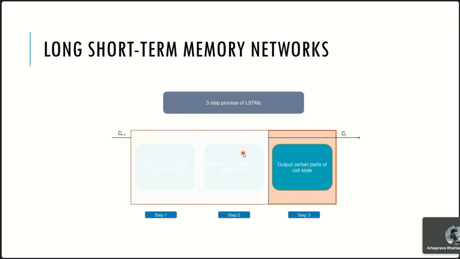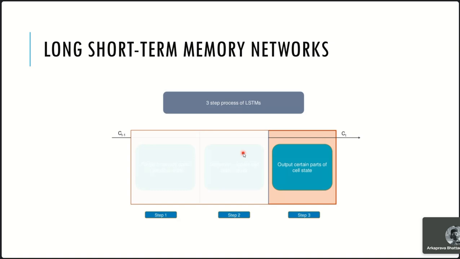Now, one important change here is that in the previous slide, we said HT minus 1, HT, etc. Now we have subdivided them into cells. So your HT comprises cell 1, cell 2, and cell 3. And CT minus 1, which is cell T minus 1, is from the previous unit.